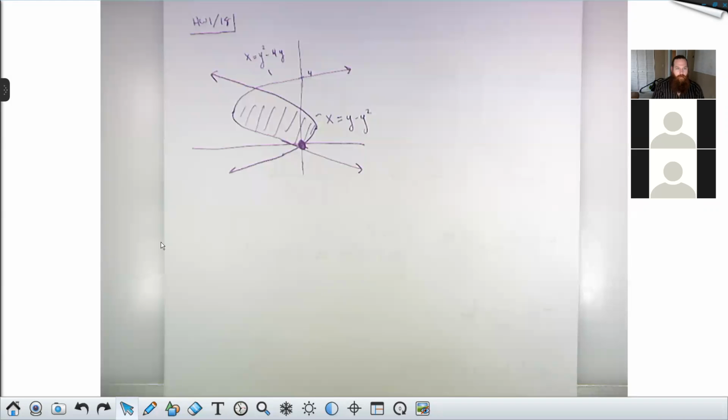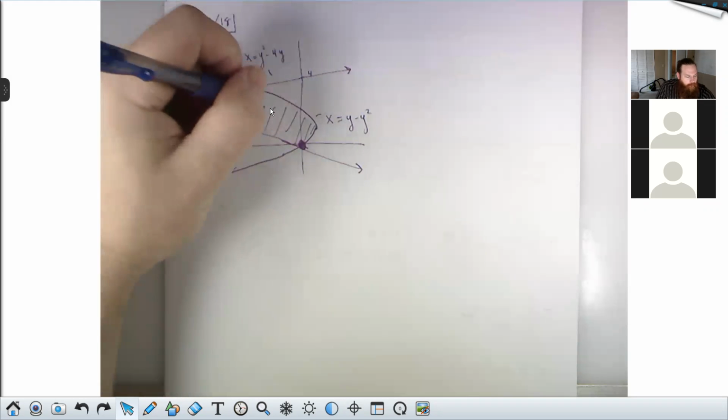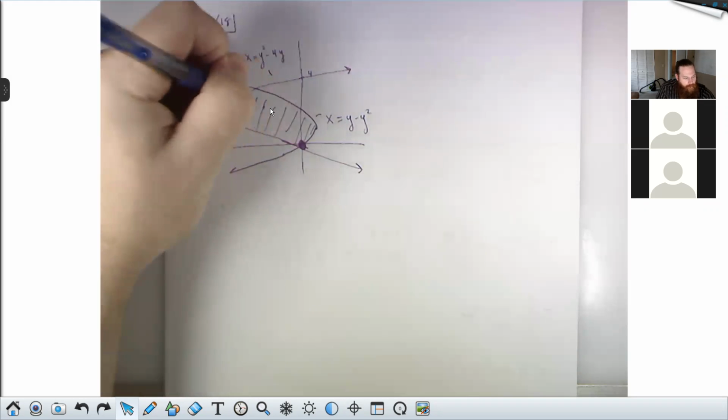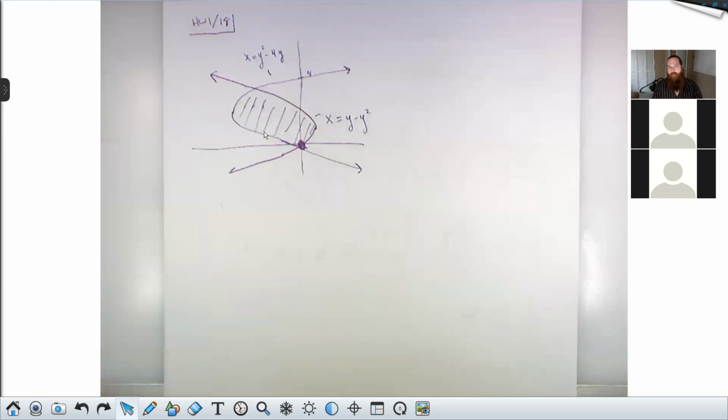So what do we do here? Can I set this up as a dx integral, or is this going to be a dy integral? Is there a clean way to represent either of these curves as functions of x? Yeah, both Juan and Rakib got it right in chat there. That's definitely going to have to be a dy thing.